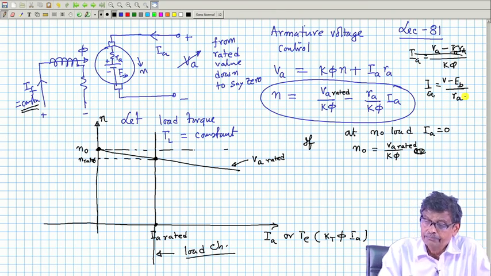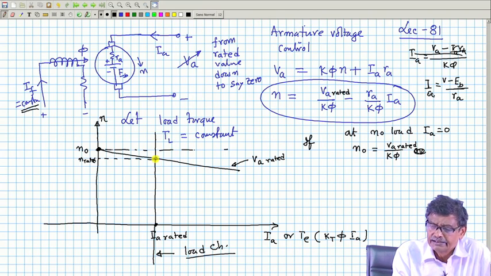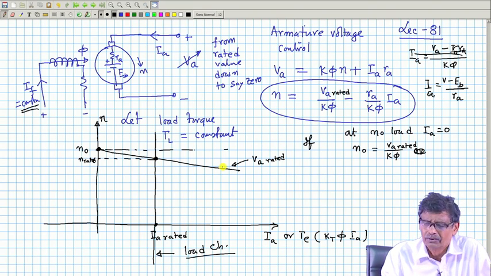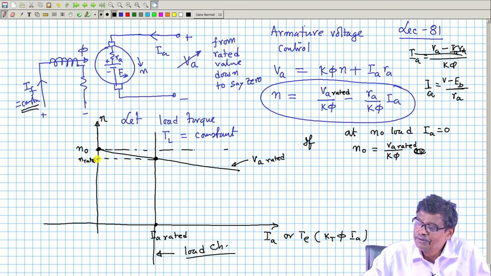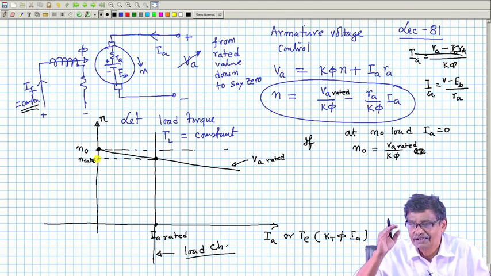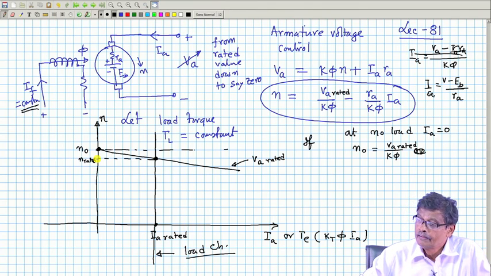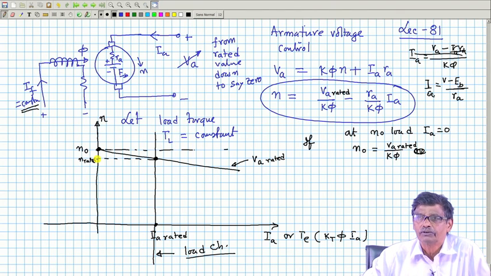Now, it is initially running steadily, everything T is equal to T L, drawing this much armature current, running at this RPM. You now imagine the voltage is slightly reduced, at T equal to 0. At T equal to 0 plus, immediately after you have reduced this voltage, what is going to happen?